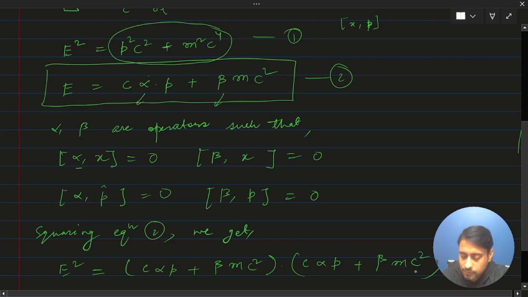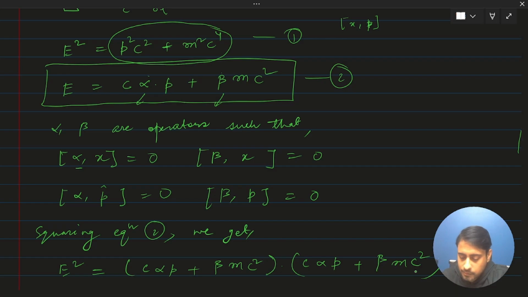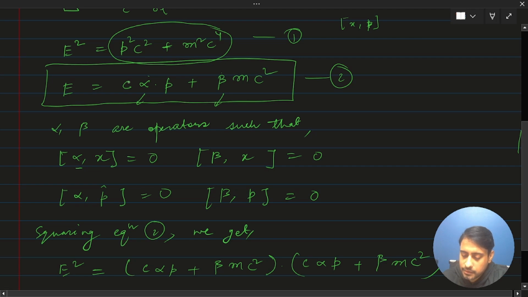There can be many questions in your mind about why we have taken c on the left hand side and not in the right hand side, because previously it was in the right hand side. So c is the velocity of light, a constant, you can take it either side. There is no problem.